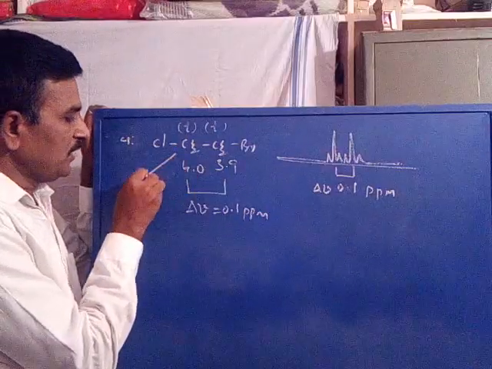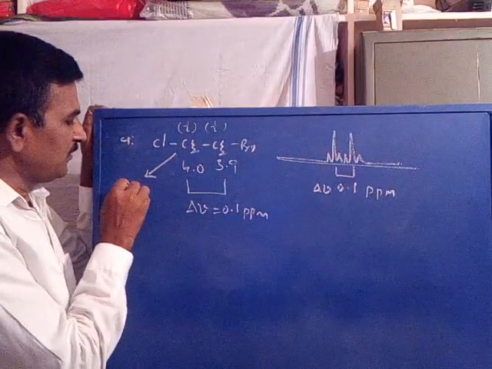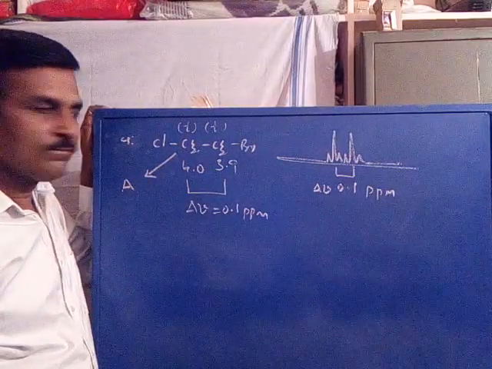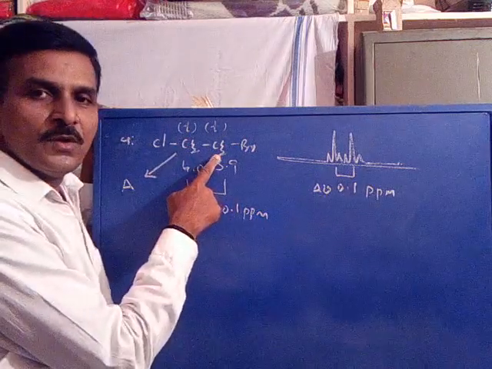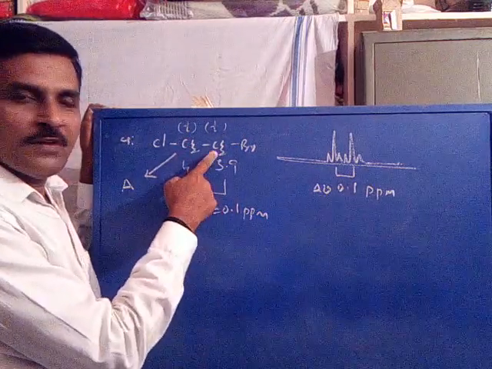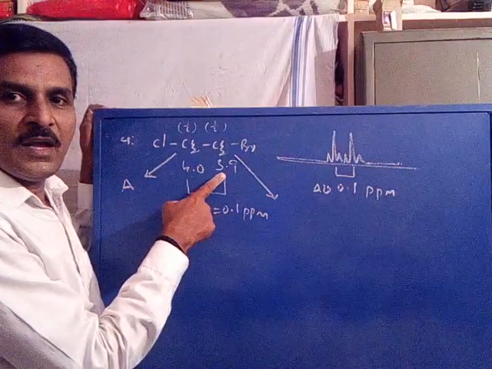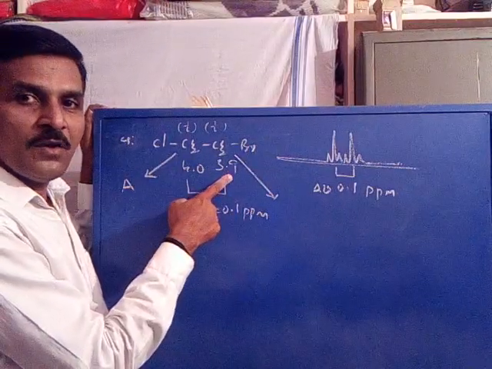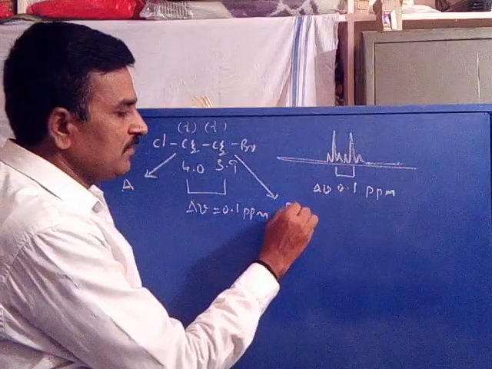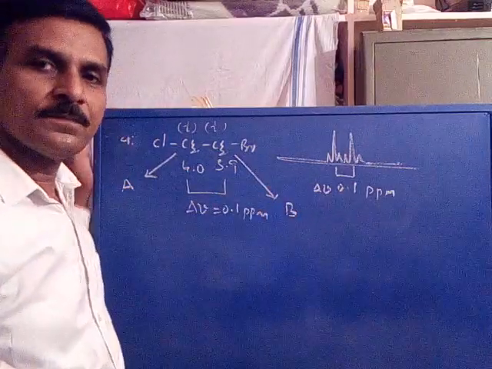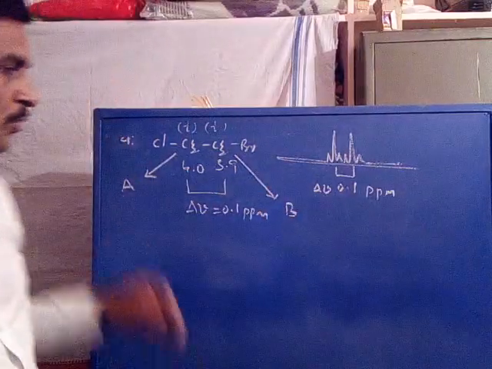Therefore, the CH2Cl is designated with letter A. Now the other CH2, the CH2Br, has a lower delta value of the two, so it is designated with B letter. So ABC is to be used.